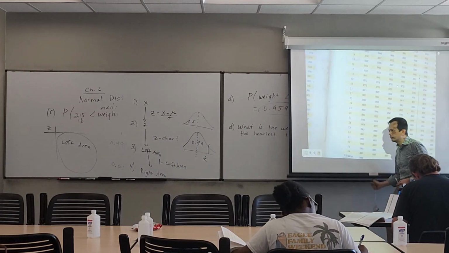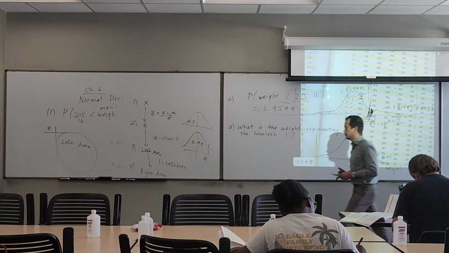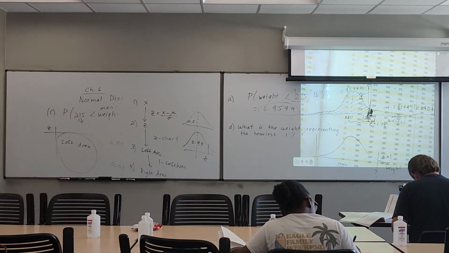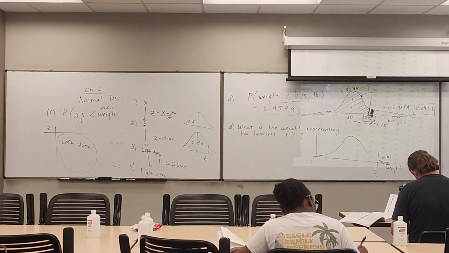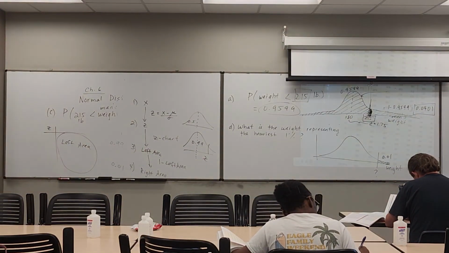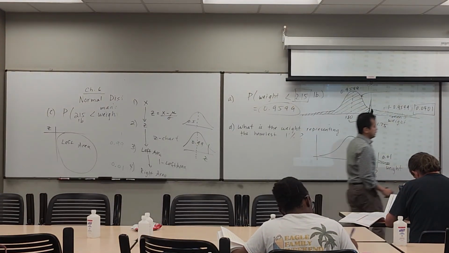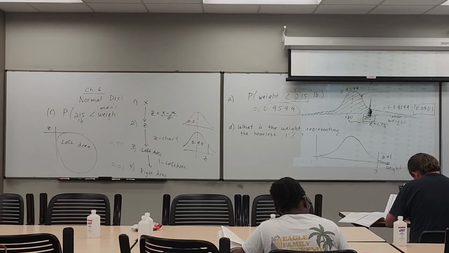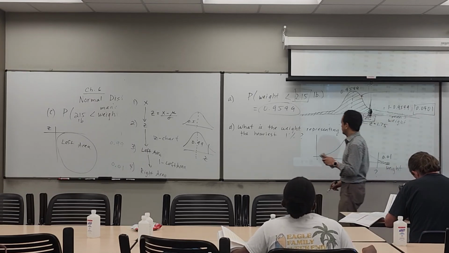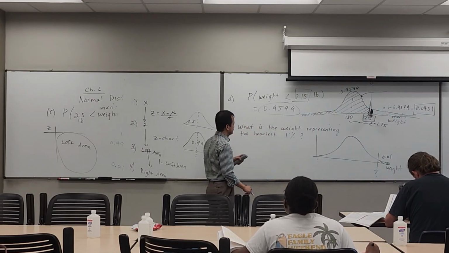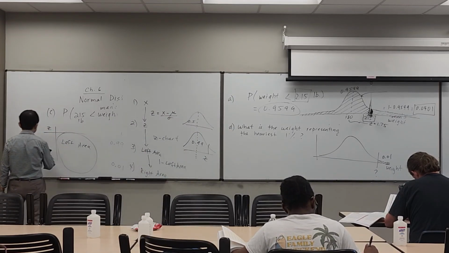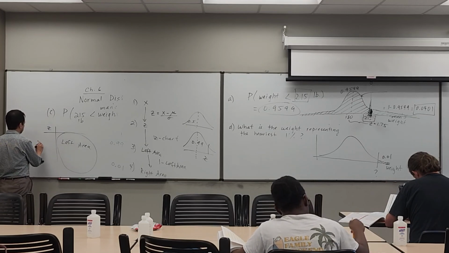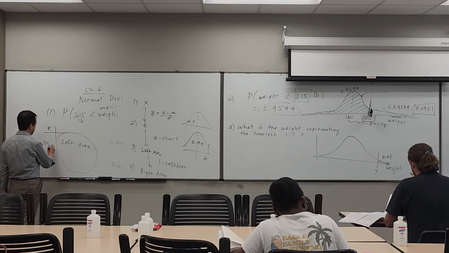So corresponding to a left area of 0.99, the z-score is 2.33.